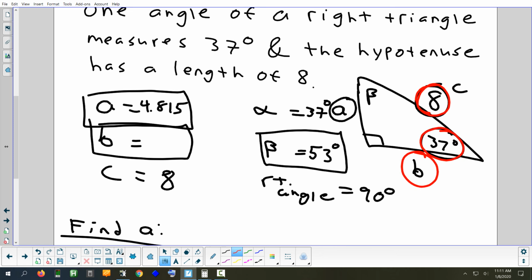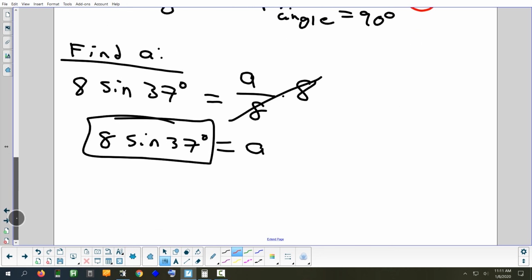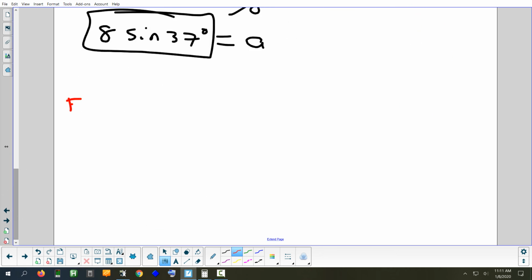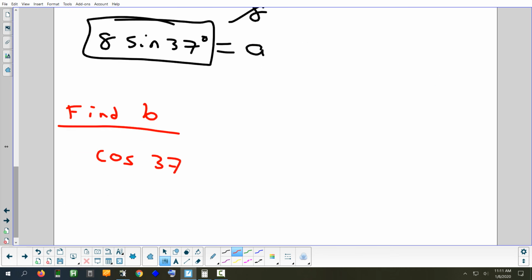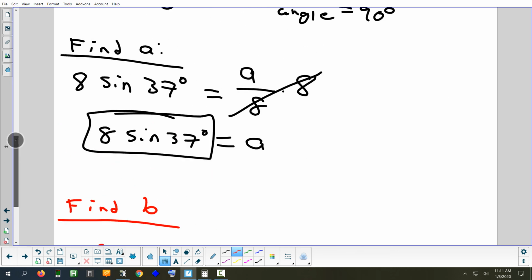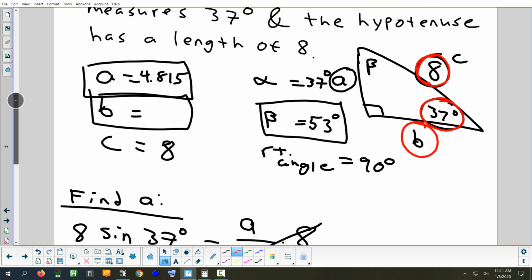Yep, good, cosine. So now we're going to find B, and we're going to use cosine. Cosine of, fill in your angle, equals adjacent over hypotenuse. B over 8.